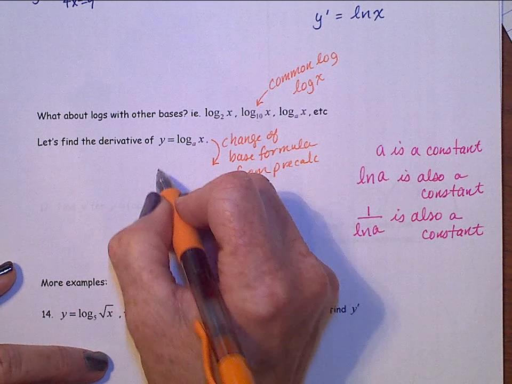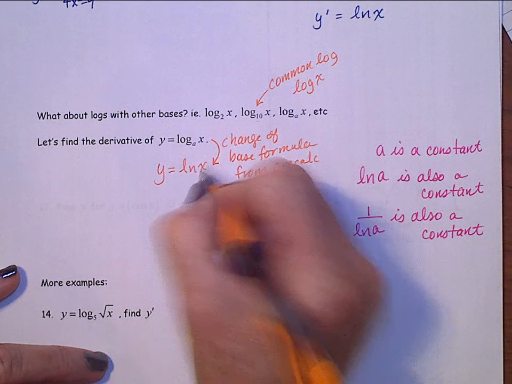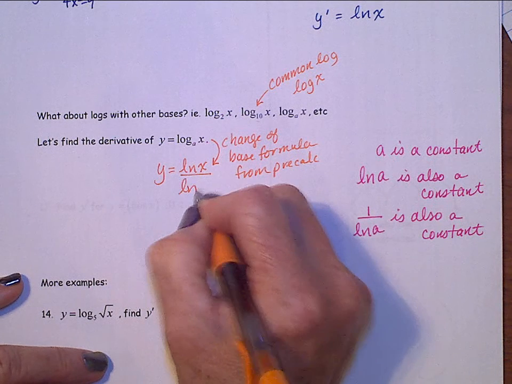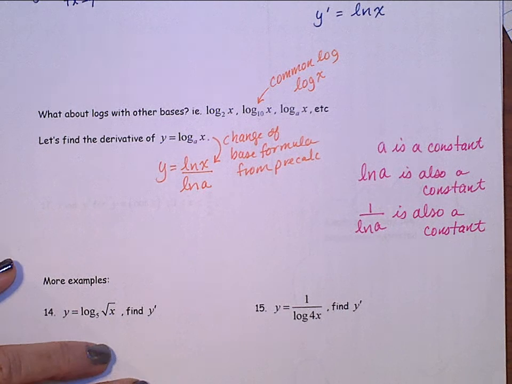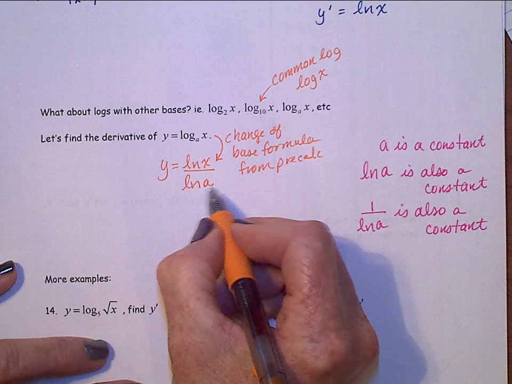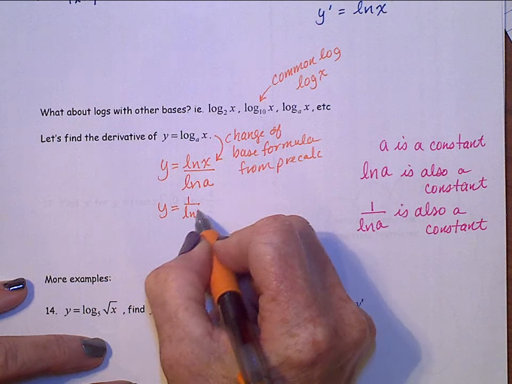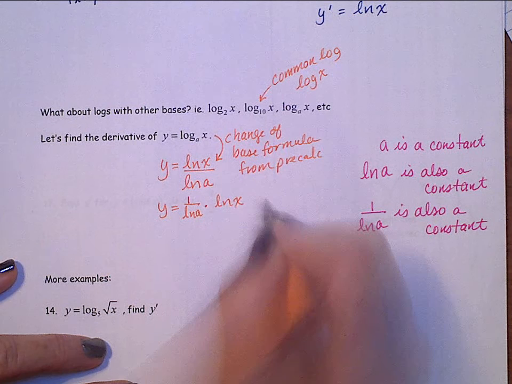And this would be y equals the natural log of the argument, which is x, divided by the natural log of the base, which is a. All right, now I'm going to rewrite this. y equals 1 over ln a times ln x.